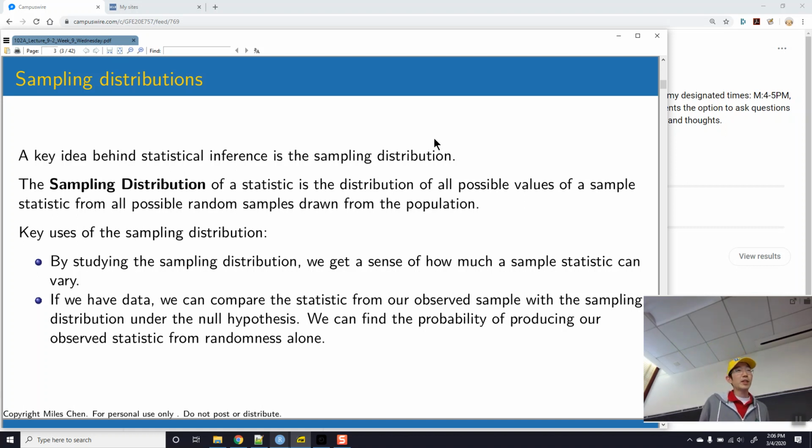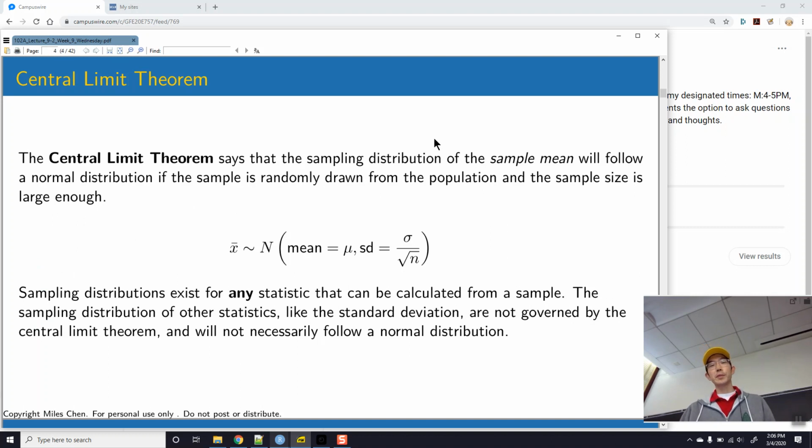We can use the sampling distribution to see how much a particular statistic can vary. And if you have the data, you can compare the statistic from your observed sample versus the sampling distribution under the null hypothesis, and see what's the probability of producing your observed statistic from randomness alone.